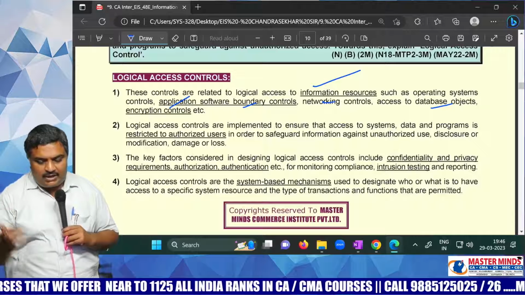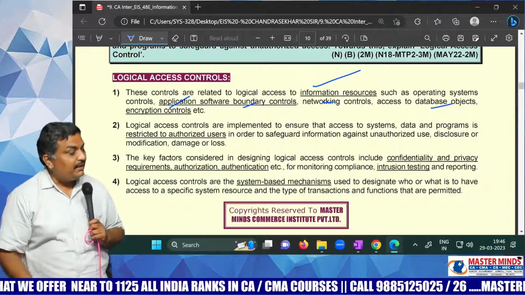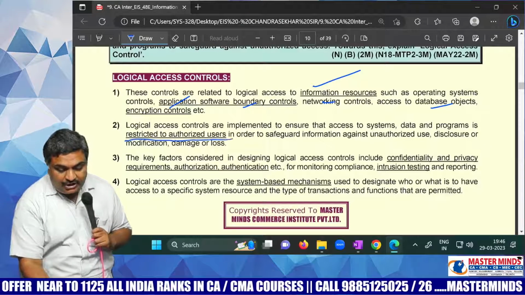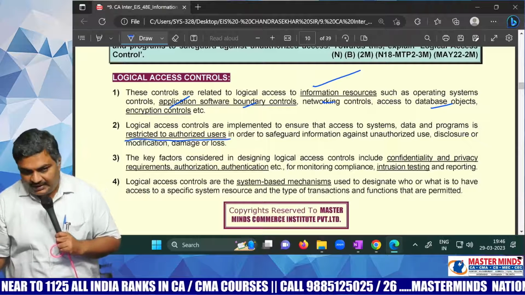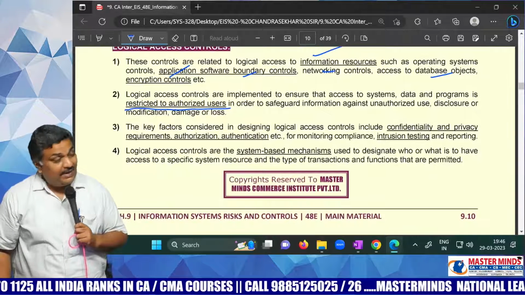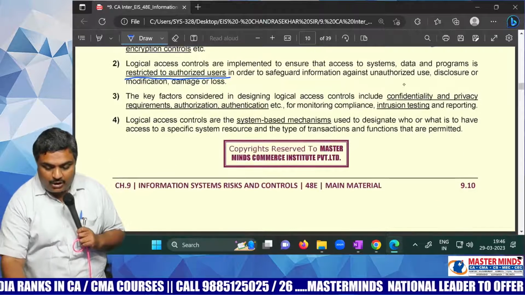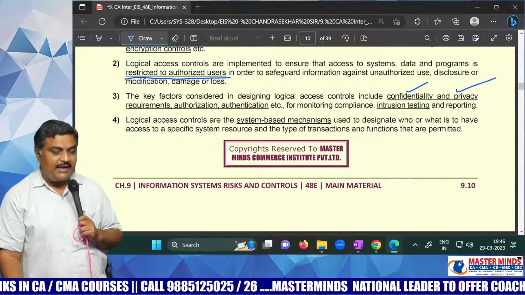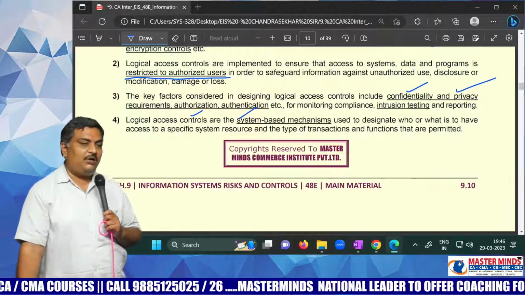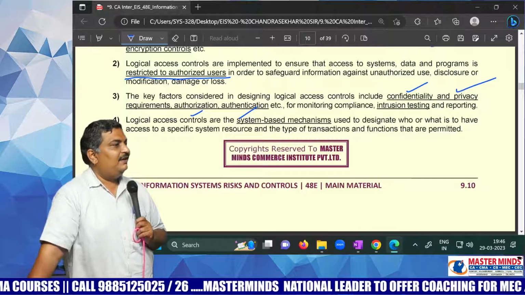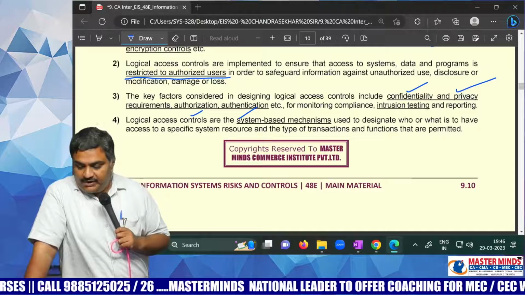So why should logical access controls be there? Because the data should be restricted to the authorized users only. What is the main reason for having logical access controls? To maintain confidentiality and privacy requirements, authorization and authentication. I'll tell you. User ID is given to you for what?